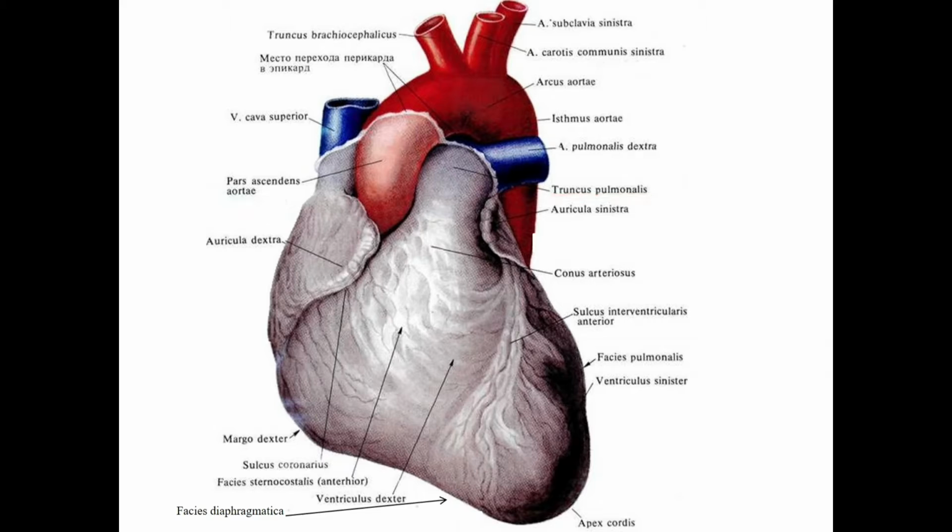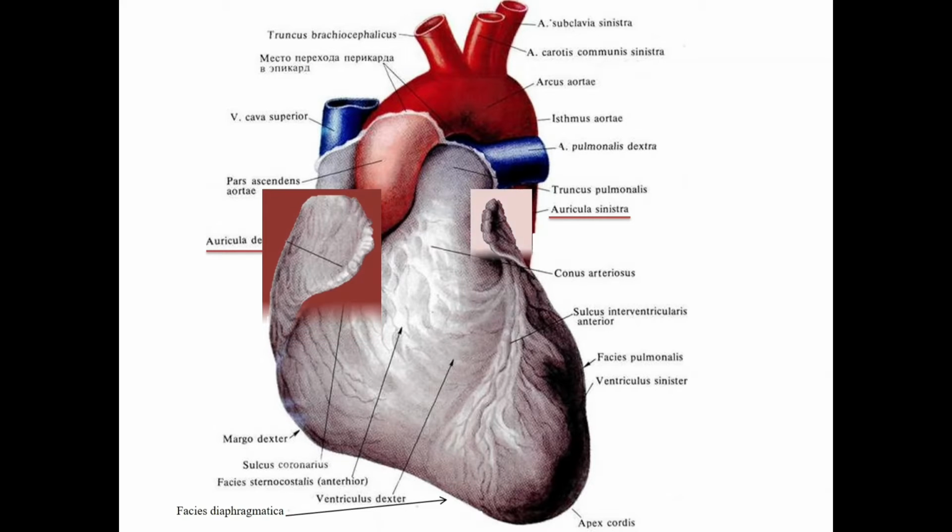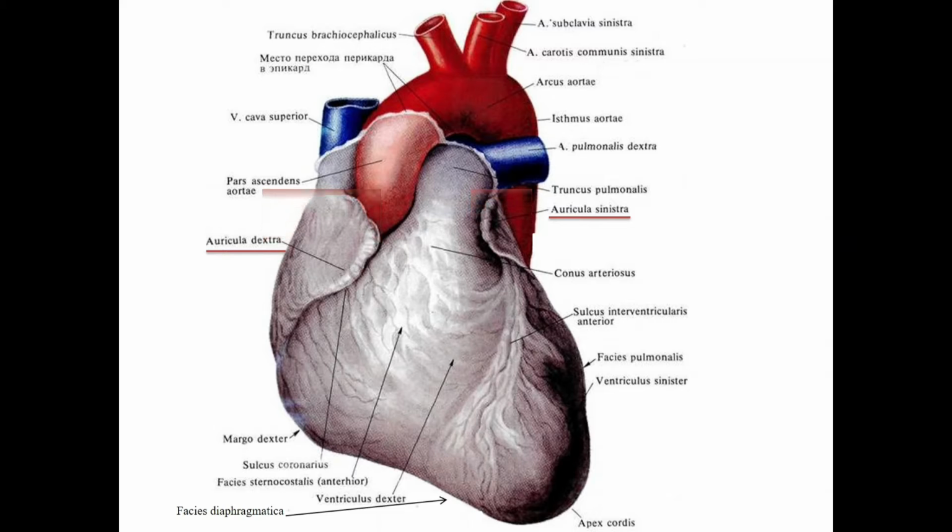Above this groove, on the surface of the heart, there is a part of the right atrium with its right auricle and the appendage of the left atrium, which lies entirely behind the pulmonary trunk. On the anterior sternocostal surface of the heart, the anterior interventricular groove, sulcus interventricularis anterior, is visible.